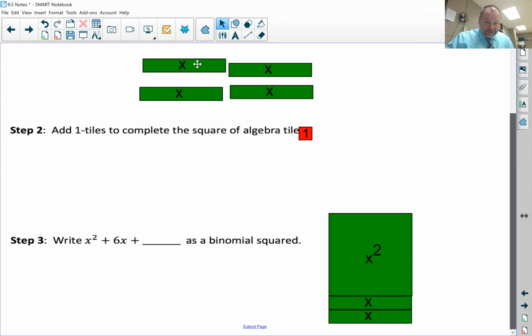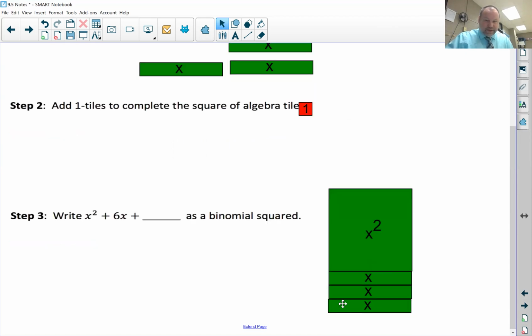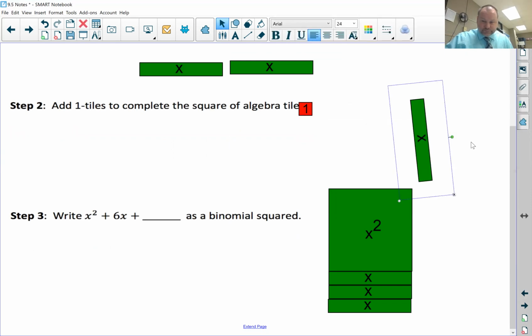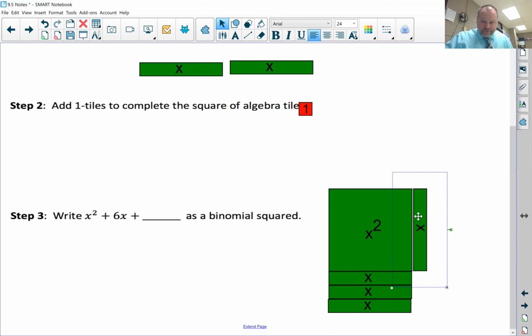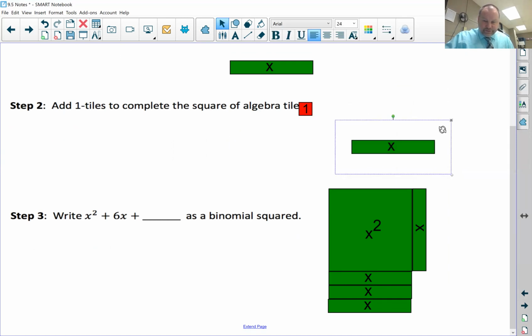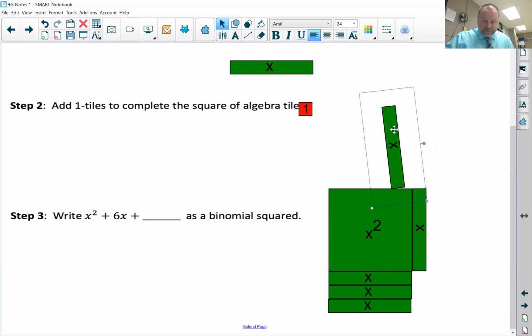The x bars that I'm adding are x units by 1 unit. And so I put 3 of them underneath the x squared. I'm putting the other 3 on the other side of the x squared.